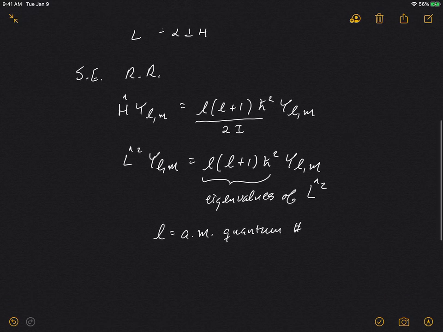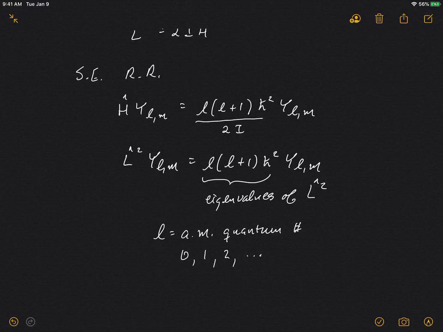The script L has values 0, 1, 2, and so on. It can have any one of those values, and different values are going to correspond to different states of the system. So possible states are Y_00, Y_10, Y_11, Y_1,-1, and so on.